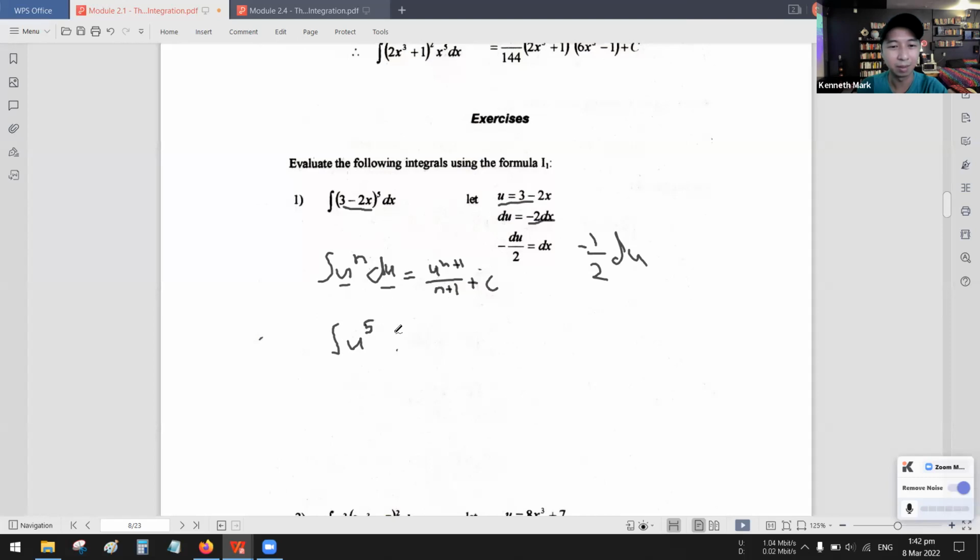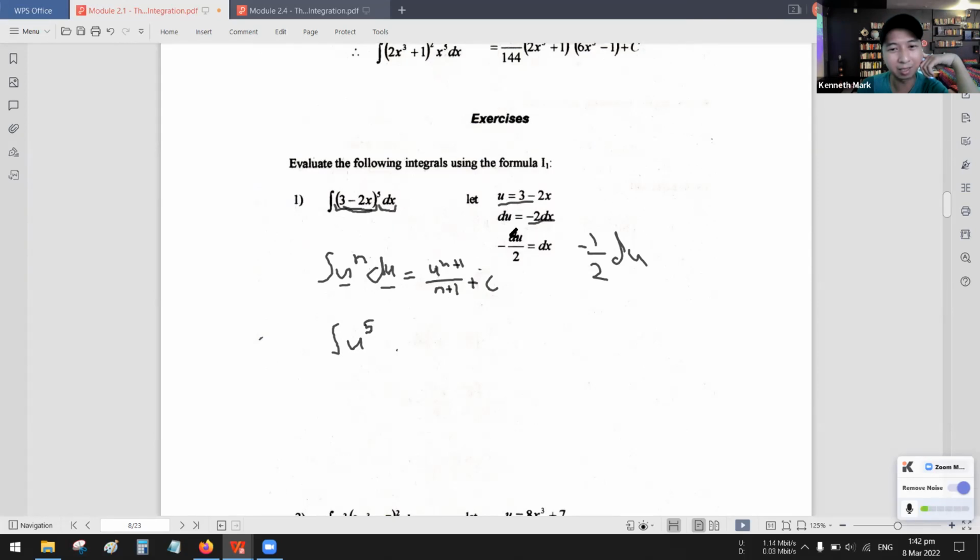Yung du naman, yung partner niya is negative 2dx, pero hindi ito. Okay, so meron na tayong u, ito yung u natin, and then ito yung natira, yung dx.